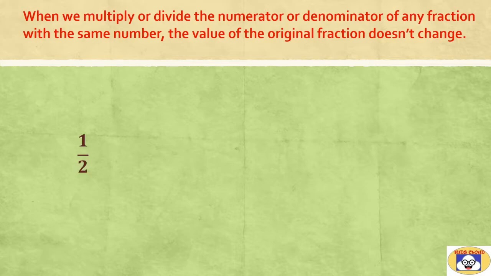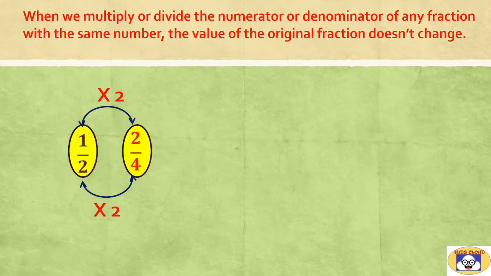For example, 1/2 is a fraction. Let's multiply numerator 1 and the denominator 2 with the same number 2. It will give us a new fraction 2 by 4. Now let's see how 1 by 2 and 2 by 4 are equivalent.